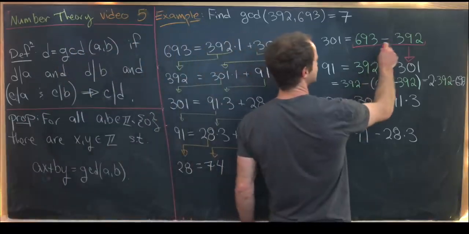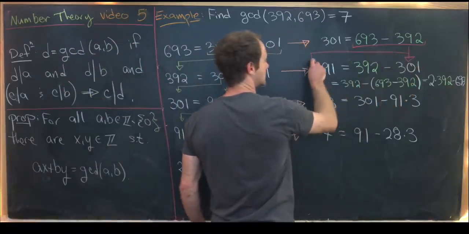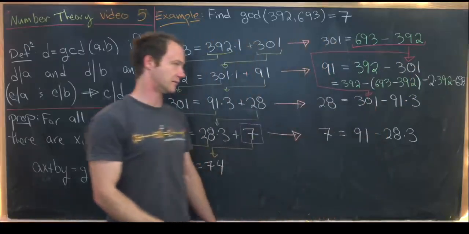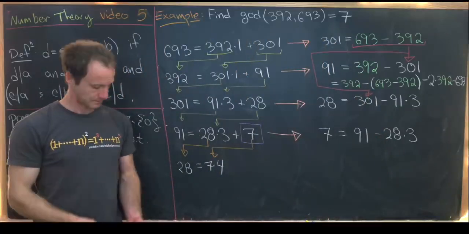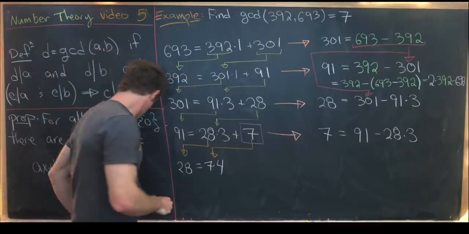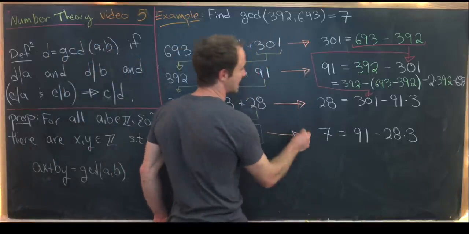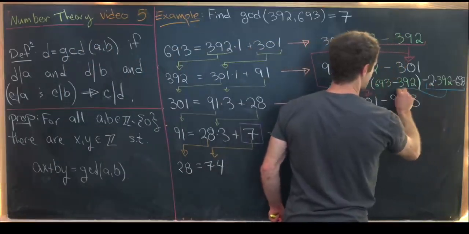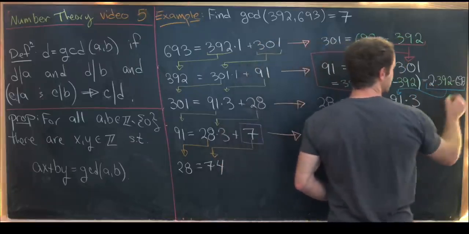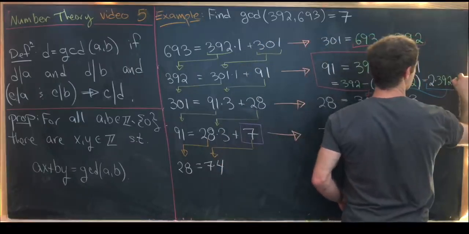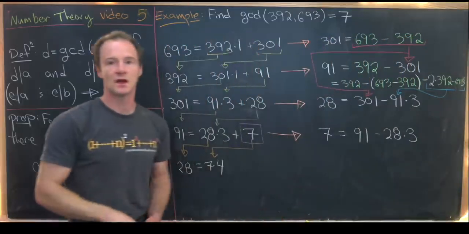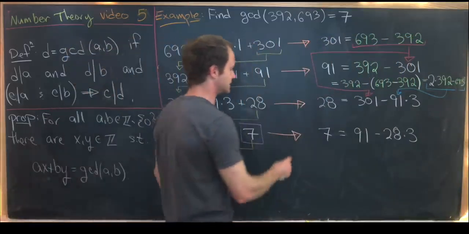Okay, now we're going to continue playing this game. So we'll take this expression for 301 and plug it down here. And then we'll take the following expression, which we just created for 91, and plug it right here. I just realized this should be in green. So I have minus 693. Okay, so let's see what that gives us.